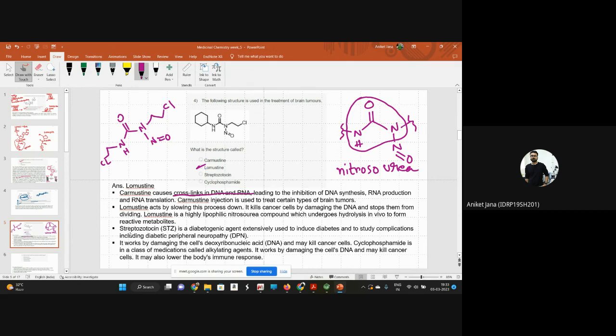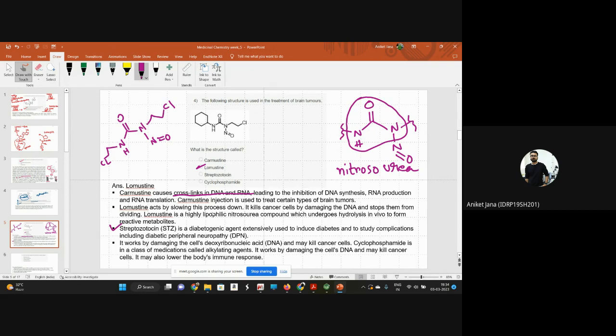Okay, so streptozotocin is a diabetogenic agent extensively used to induce diabetes and to study complications such as diabetic peripheral neuropathy. This is the function of streptozotocin.